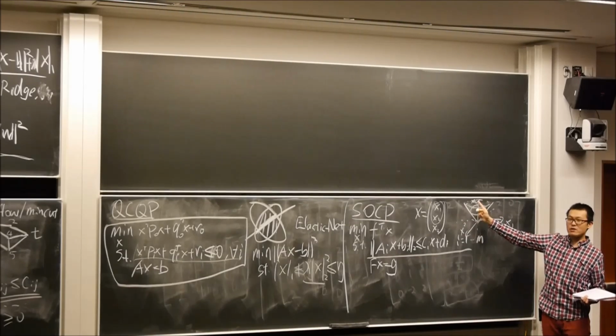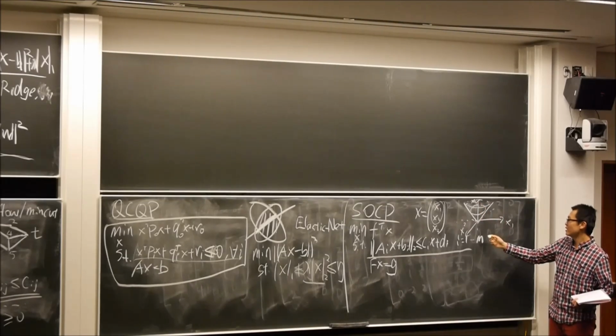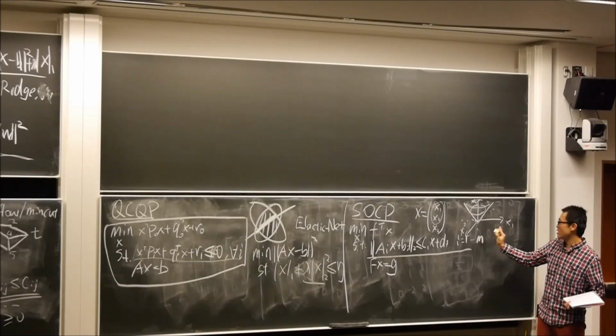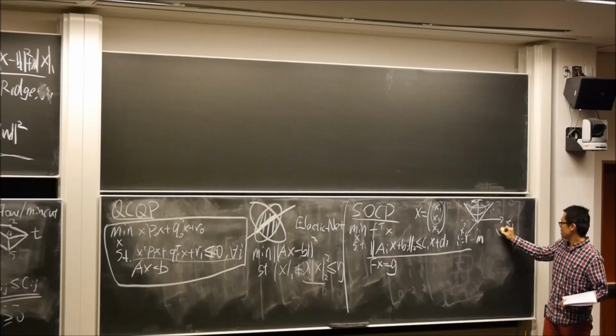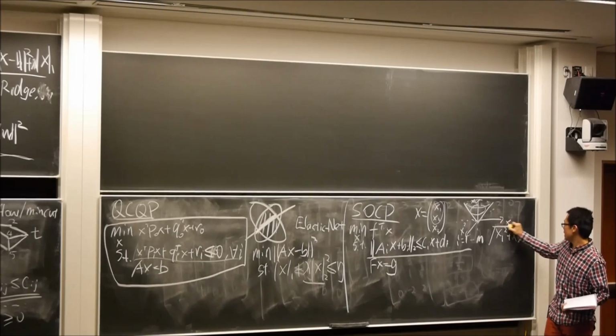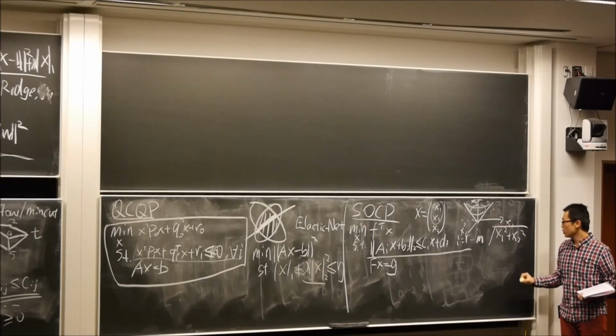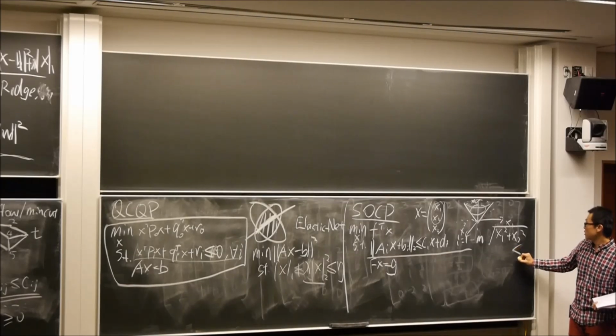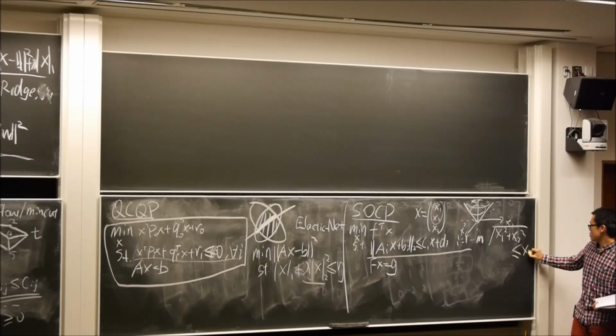So this is x3, and we are saying that the norm of x1 squared plus x2 squared, and we take the square root, is smaller than x3.